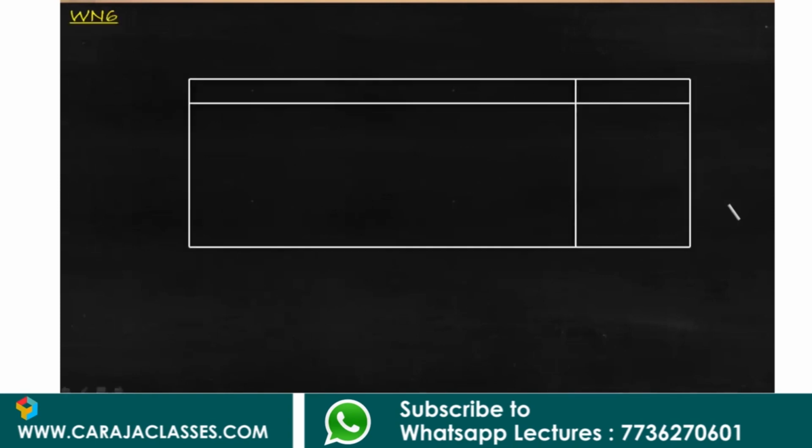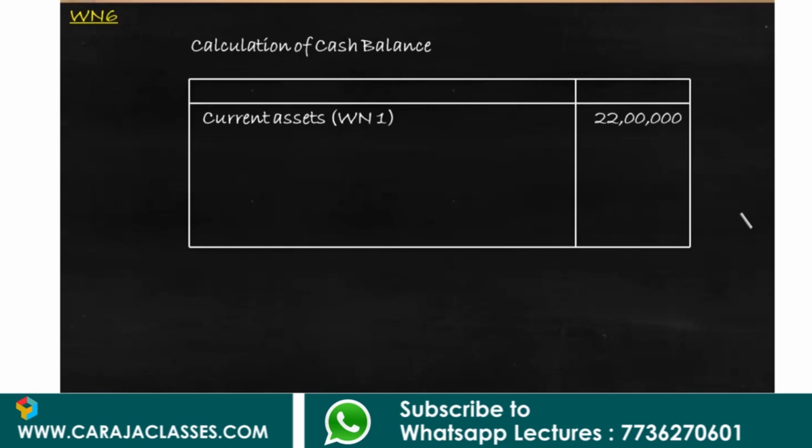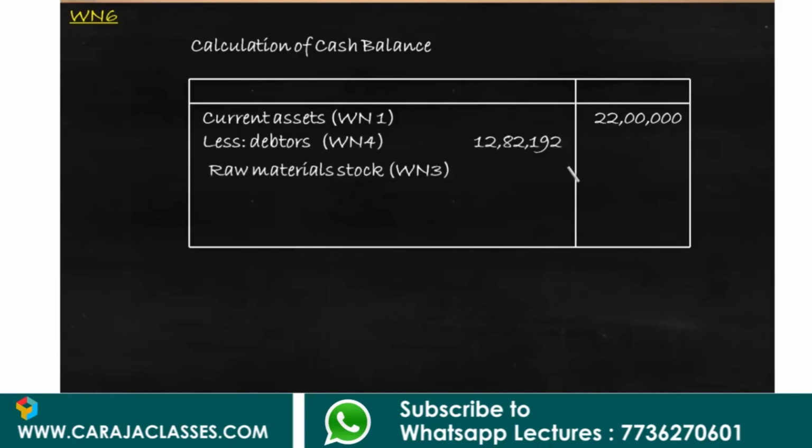Now we'll move on to working note 6, where we'll compute the cash balance. We have already calculated working note 1 where current assets were found, and current asset is equal to 22 lakh. Out of current assets, we have just calculated debtors, which is 12,82,192. We have calculated raw material stock in working note 3, which is 3,31,500.